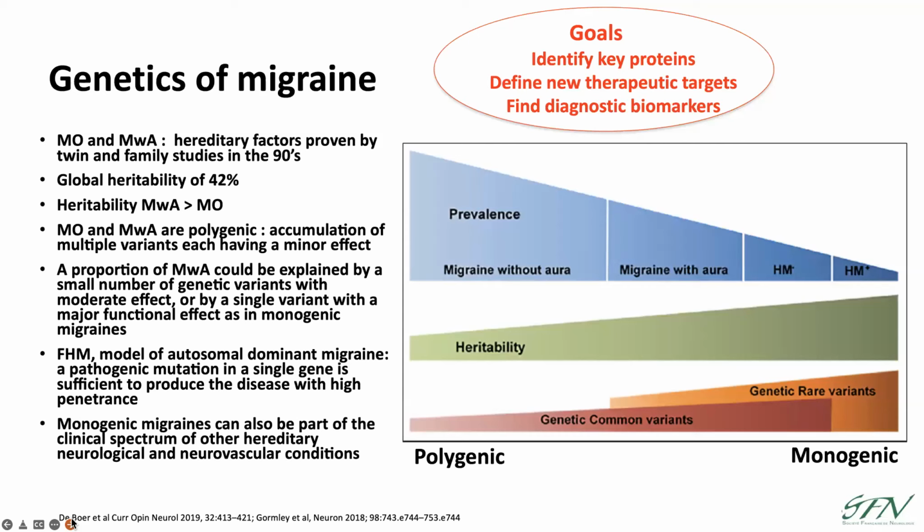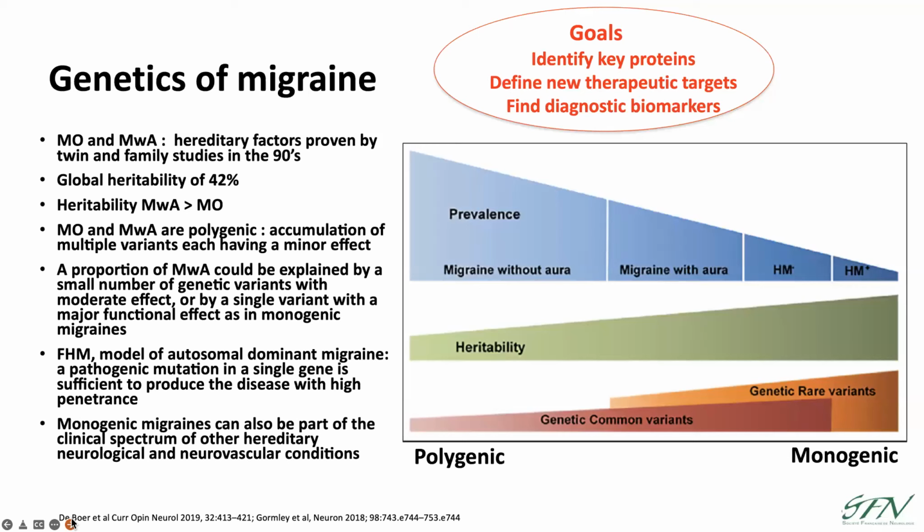And this renders your brain sensitive to variations. And because of this sensitivity to variations, you are prone to have attacks of migraine without aura or of migraine with aura. The heritability is more important in migraine with aura than in migraine without aura.